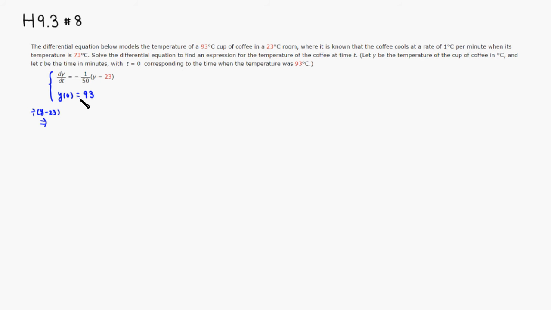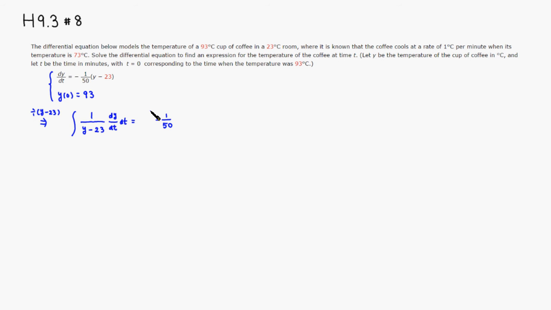So we would get 1 over y minus 23 dy over dt is equal to negative 1 over 50, and that's it.